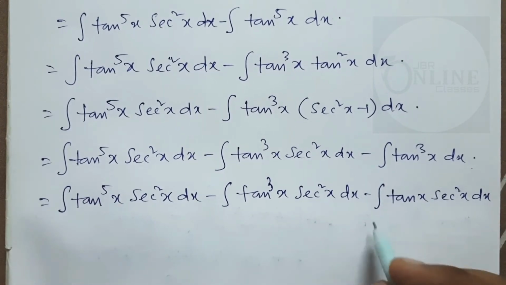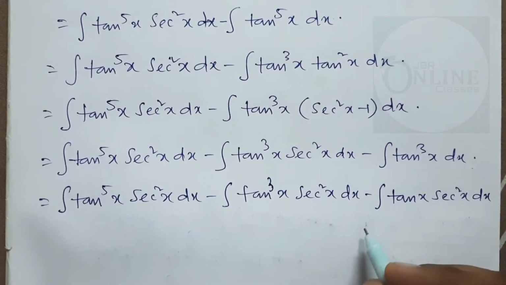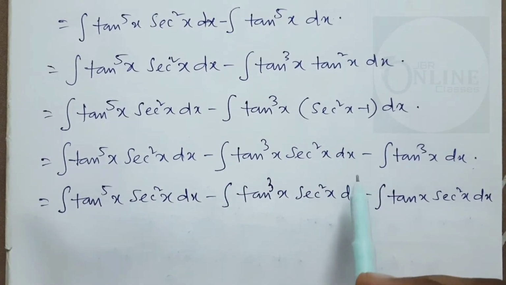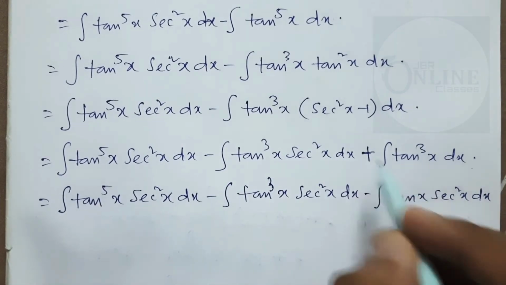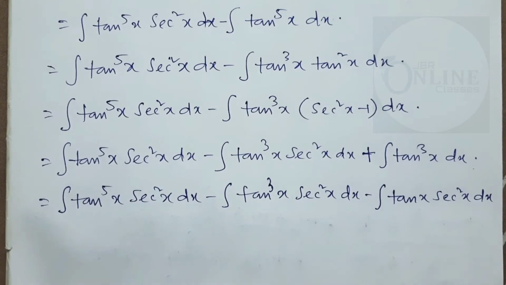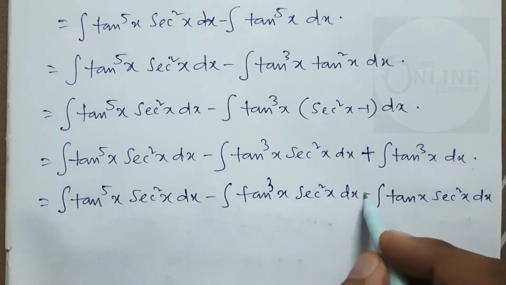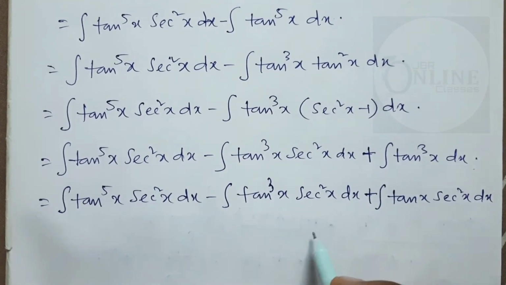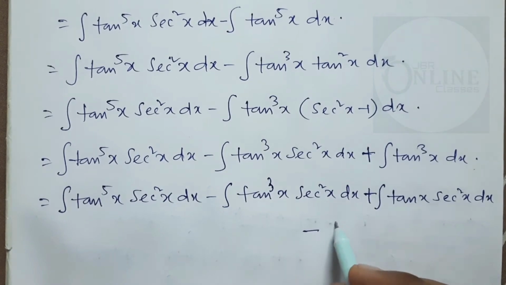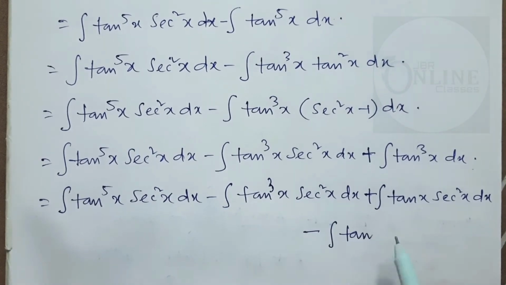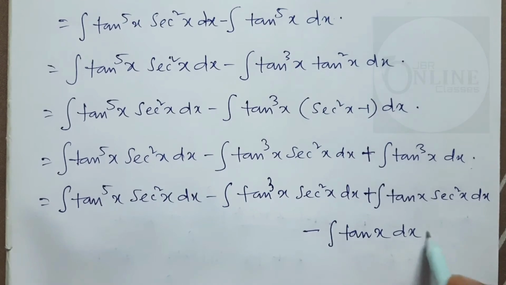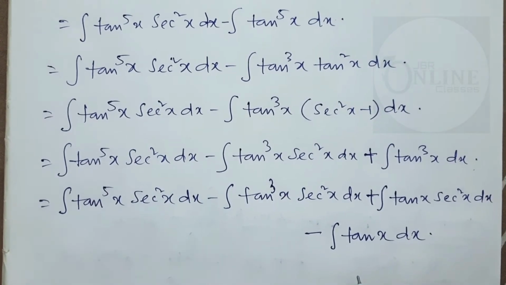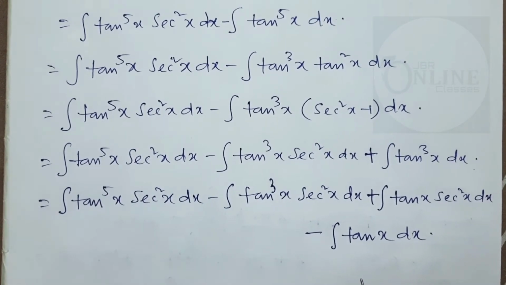Okay, I made a mistake here, this is going to be plus, and then this is also plus, so this is going to be integration tan x dx. I think up to this everything is fine.